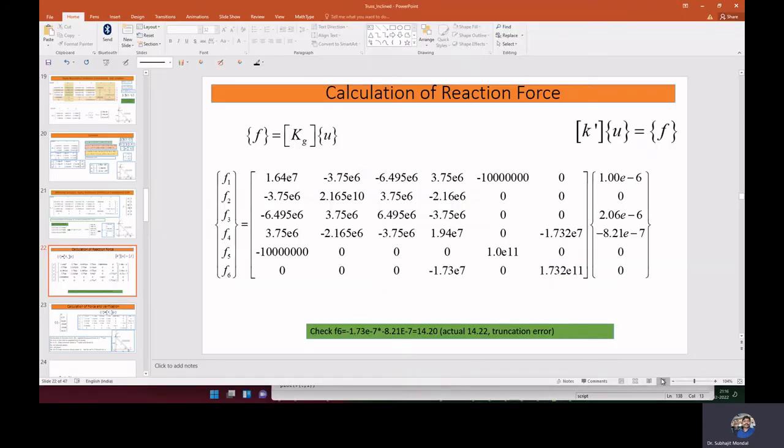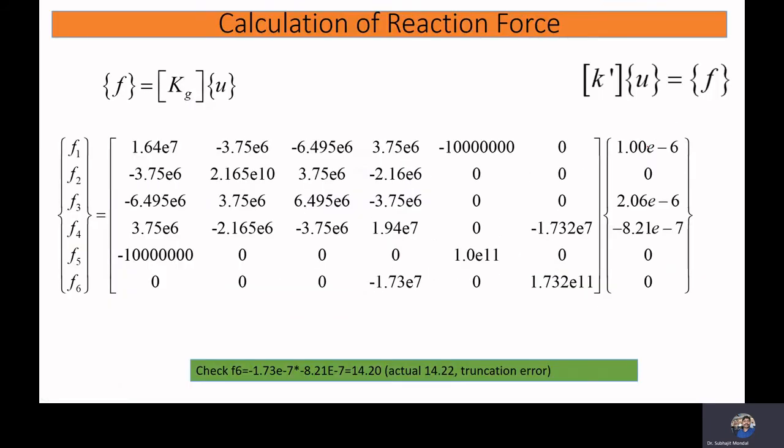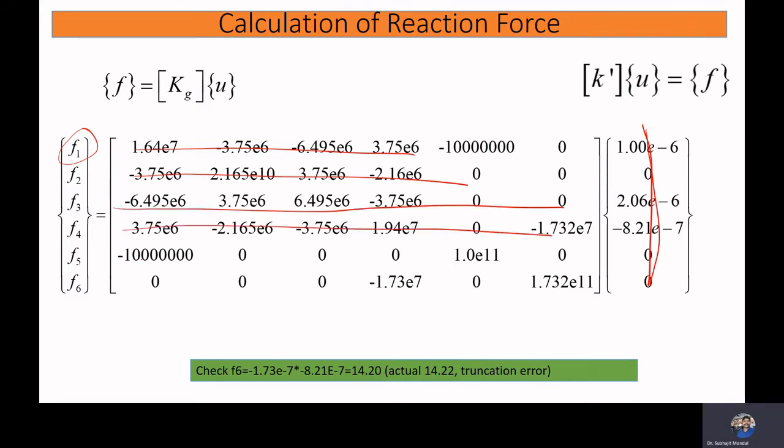Basically we multiply this column with this row to obtain the force acting corresponding to the first degree of freedom. Again, we obtain the force acting on the second degree of freedom by multiplying this column with the second row. Similarly, we obtain the forces acting on the third, fourth, fifth, and sixth degrees of freedom by multiplying this column with the respective row.